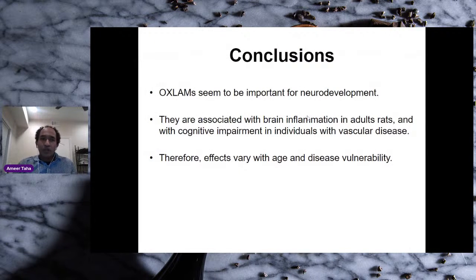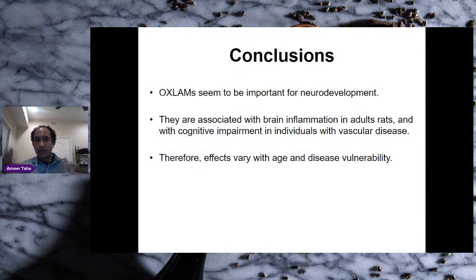So what's the take-home point? A couple of things. One, oxalams, which are oxidized linoleic acid metabolites, seem to be quite important for neurodevelopment. Just think of the fact that half of the brain oxidized lipids in baby rats are made of these oxalams.